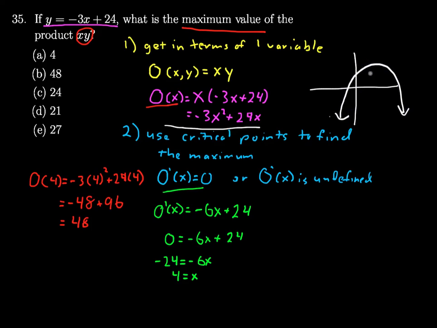I knew that this derivative was 0 here at 4. And since it was opening downward, that was a maximum, and it was the absolute maximum. I could go through other arguments about the derivative going from positive, so O prime of x is greater than 0 on this side, less than 0 on that side. I can go through all those arguments, but in the end, equals 48, maximum value, final answer.